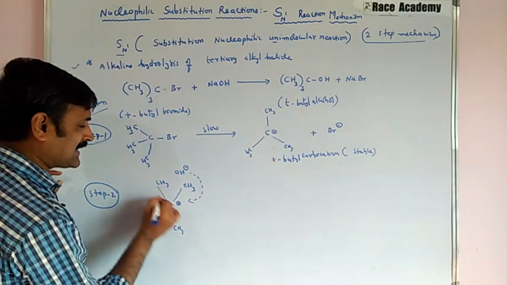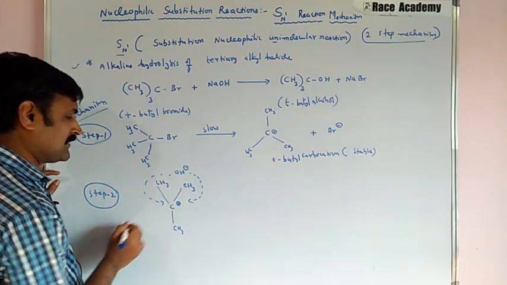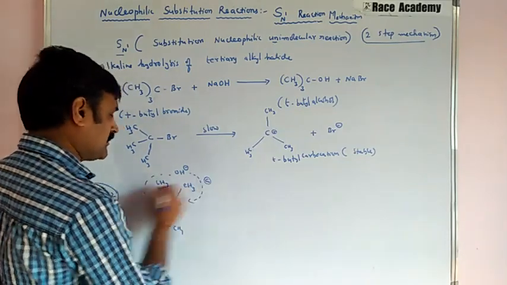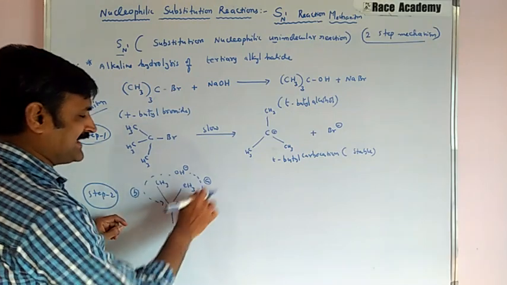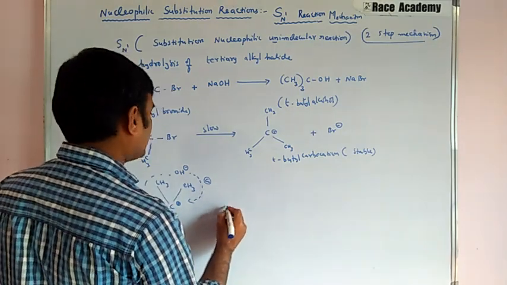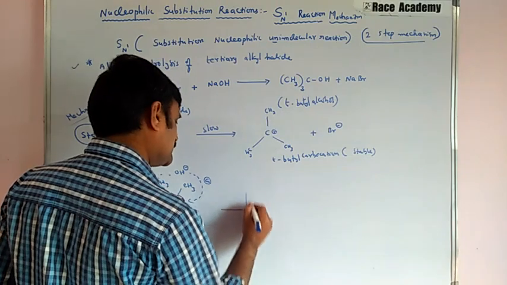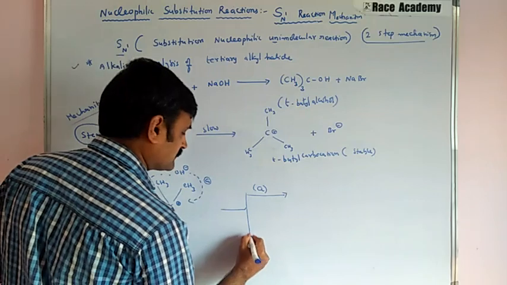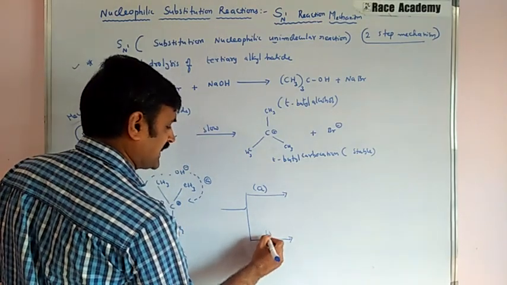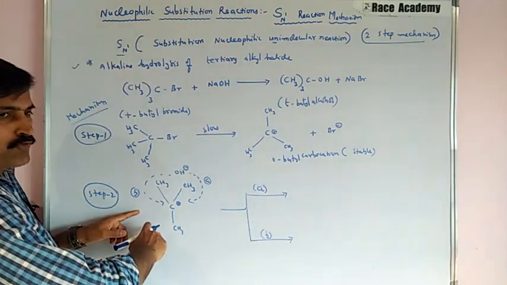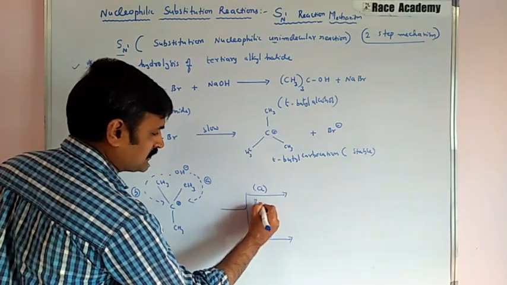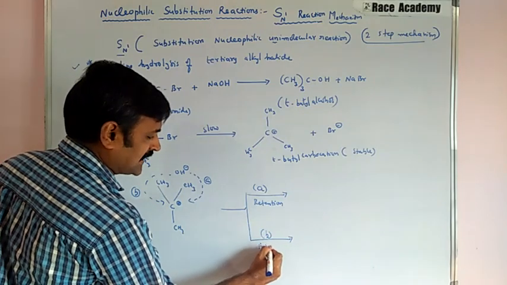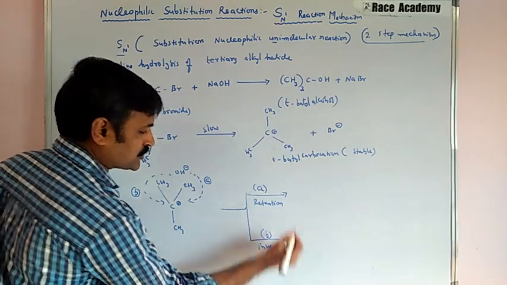This can attack the carbocation from two different directions. This is the A direction, this is the B direction. The A direction is retention of configuration. The B direction is inversion of configuration. What is the A direction? Retention. What is the B direction? That we call inversion of configuration.